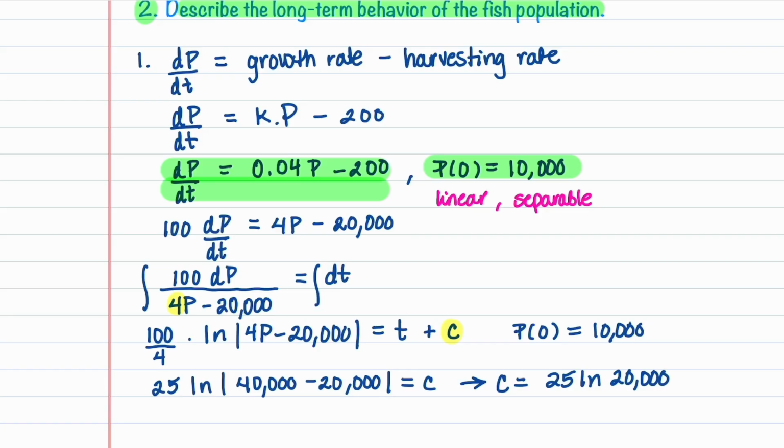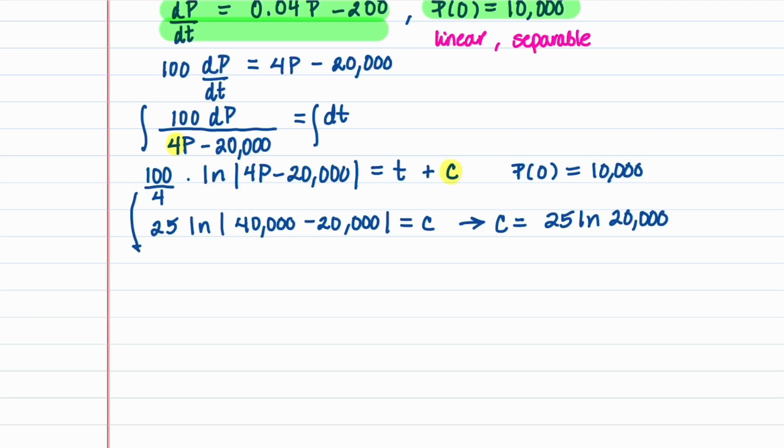We'll drop the absolute value because it's positive. Now we can rewrite our solution as 25 natural log absolute value 4P minus 20,000 is equal to t plus C, which is now 25 natural log 20,000.